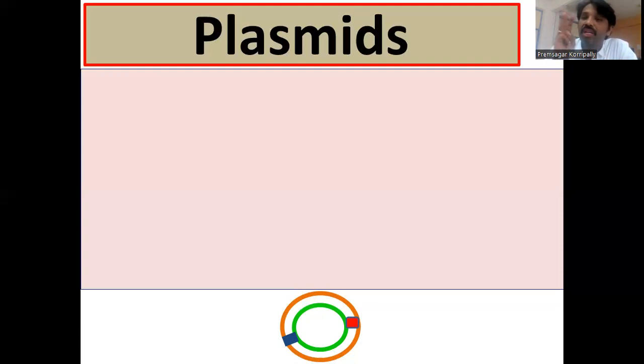And the third element is an element that regulates the copy number. So these are the three important elements present in plasmids.